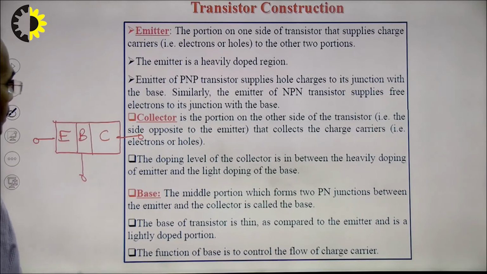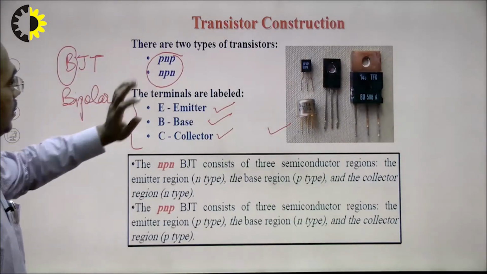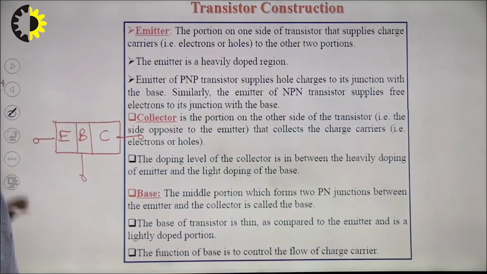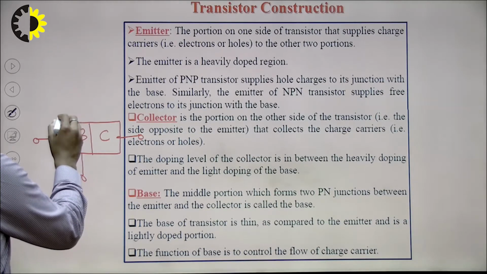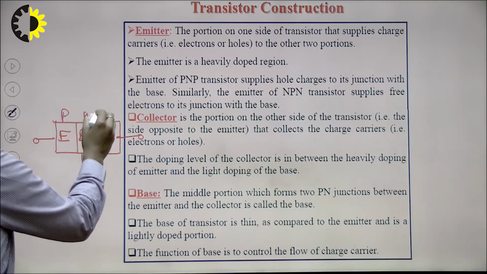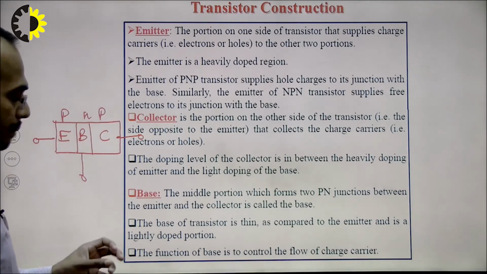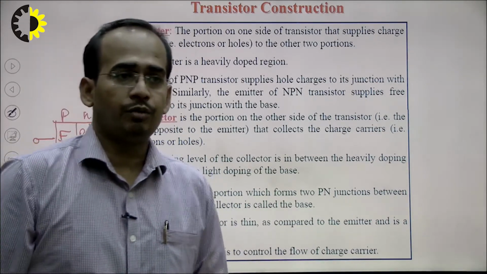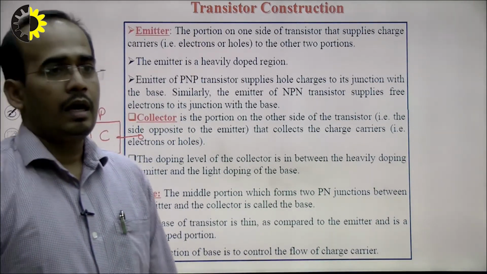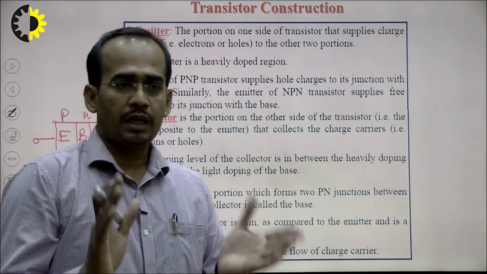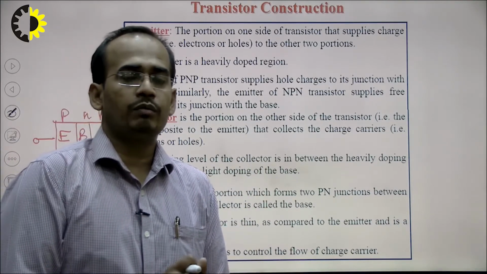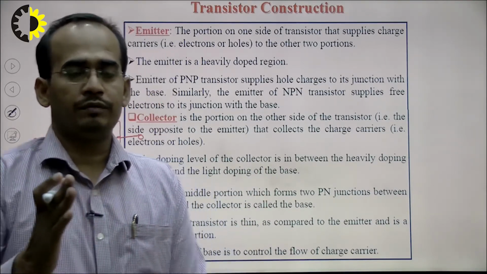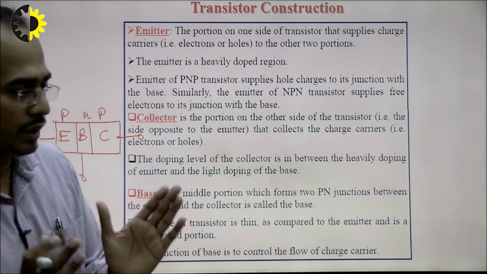If I want to construct this NPN or PNP type, in case of PNP, we have to take the same type of semiconductor material and sandwich the other type of semiconductor material in between them.